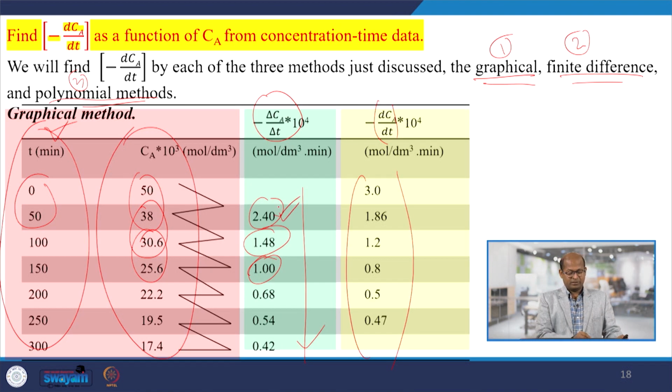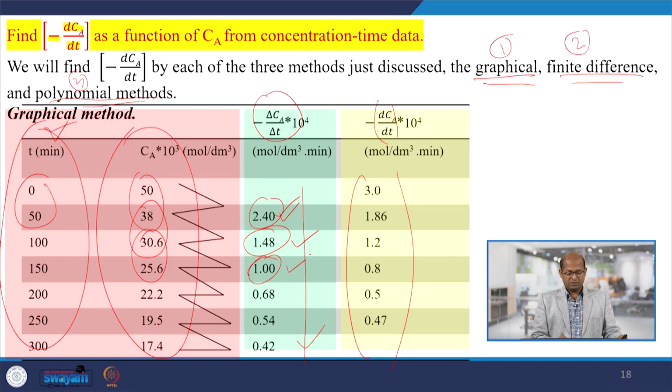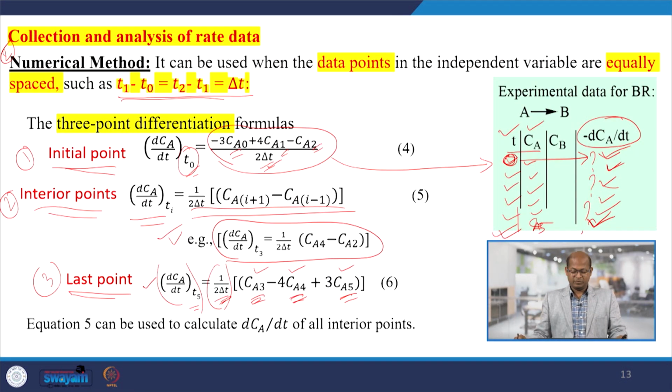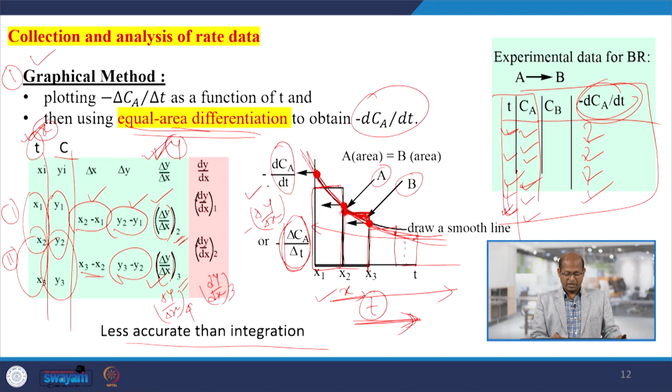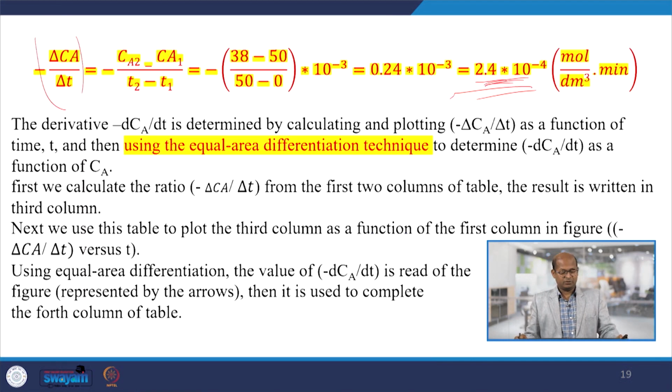The first data point was shown here, how it has been evaluated. Similarly, all the other data points can be found, and then if we plot graphically, we draw a smooth line and by that way find these parameters. Okay, so the graphical method we have discussed.